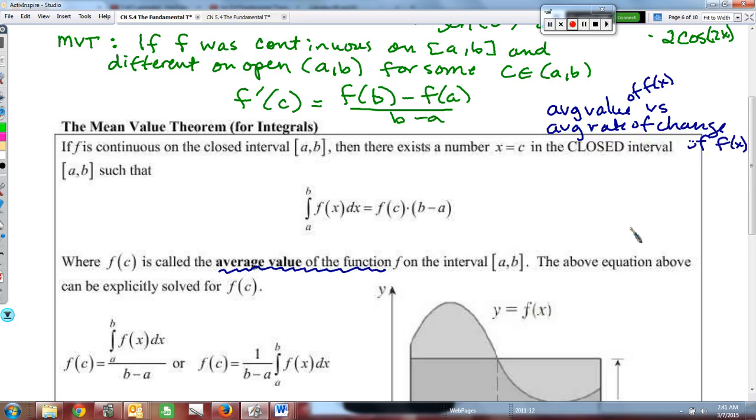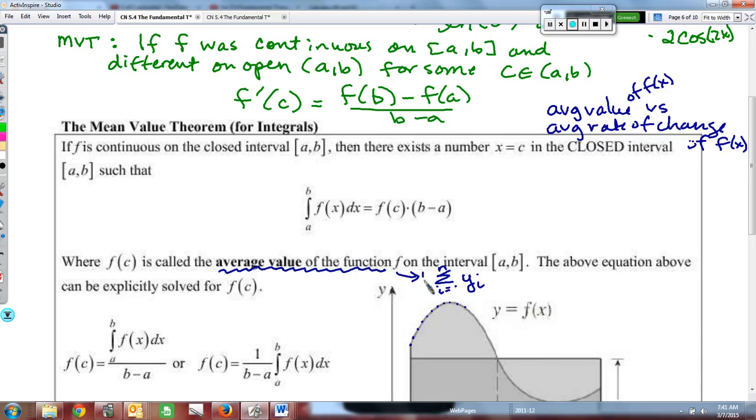Okay, what we basically mean when we talk about the average value, that's kind of the idea. How do you find an average? To find an average, what you basically want to do is add up all the y values. So I'll say sum y sub i for all the y values on your interval, i equals 1 to n. And obviously, if I'm adding up all the y values on a function on an interval, there are infinitely many of them.